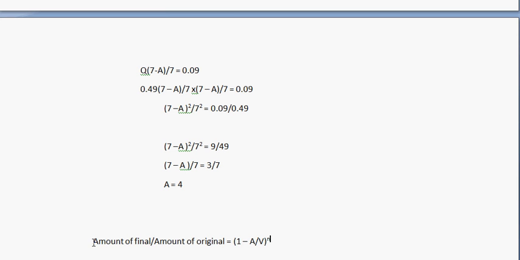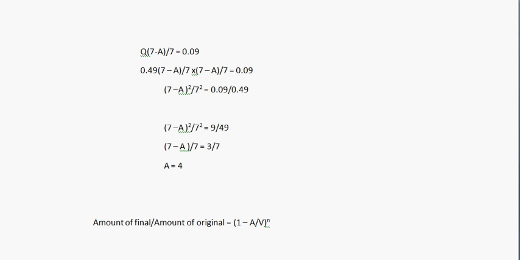So in this formula, amount of final was 9% of V, right? So our final amount was 9% of V. Just let's see whether this formula works. So 9% of V, and initial was 49% of V. V and percentage would get cancelled, right?